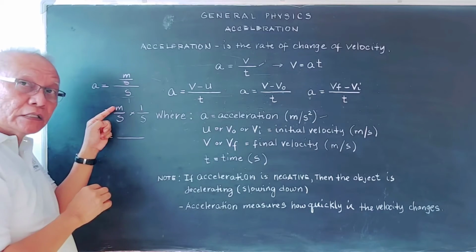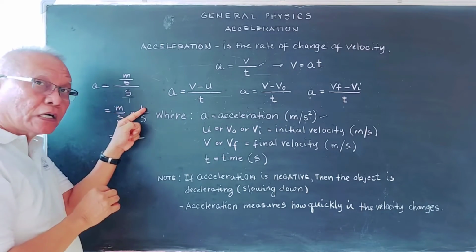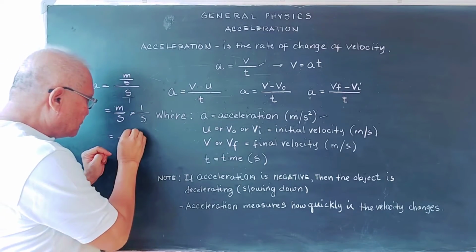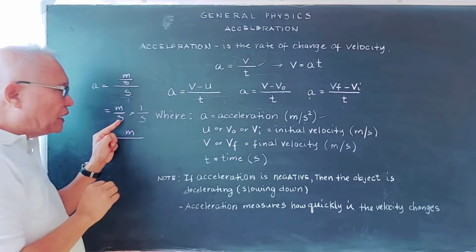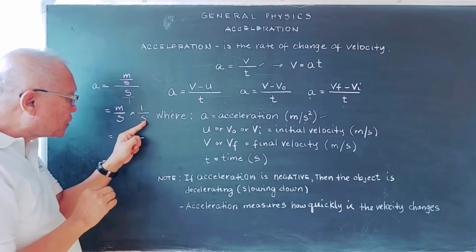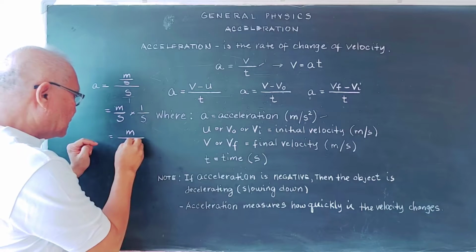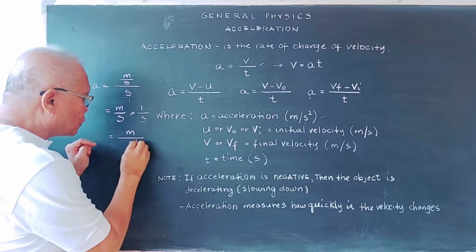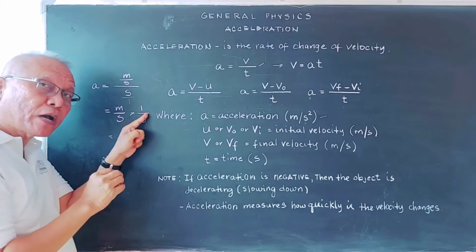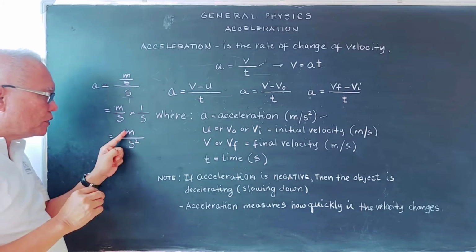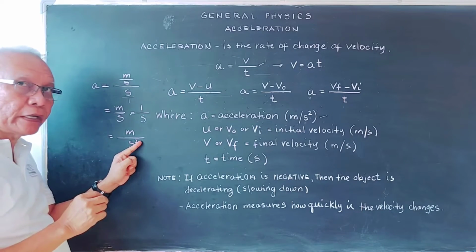Now you see here, m times 1 is m, and below, second times second is second squared. 1 plus 1 exponent is 2. So you have meter per second squared.